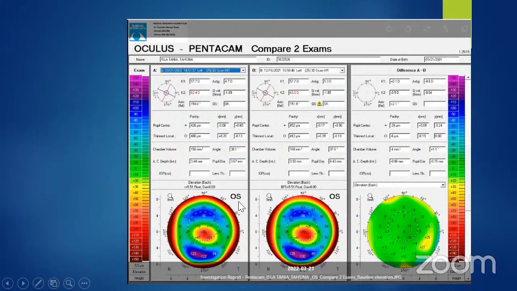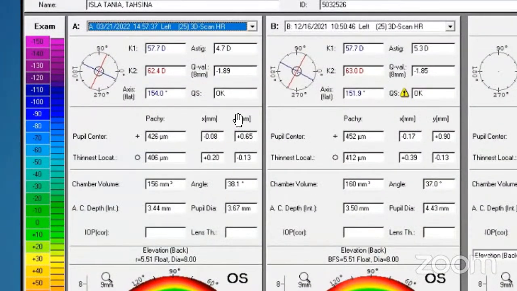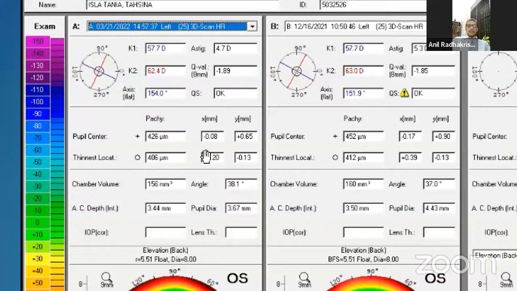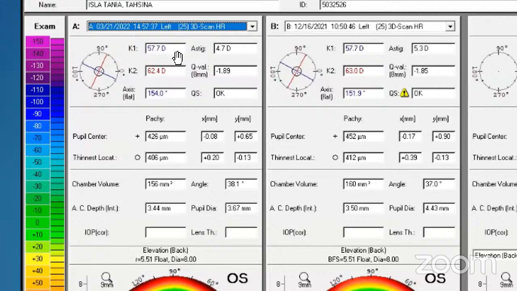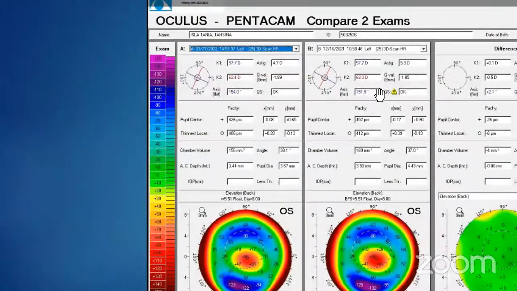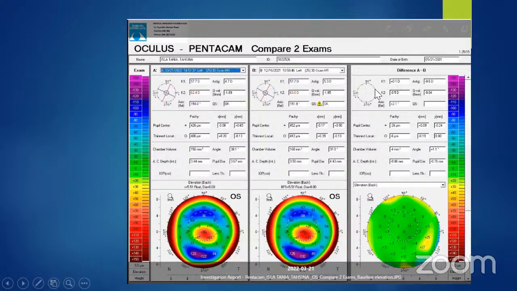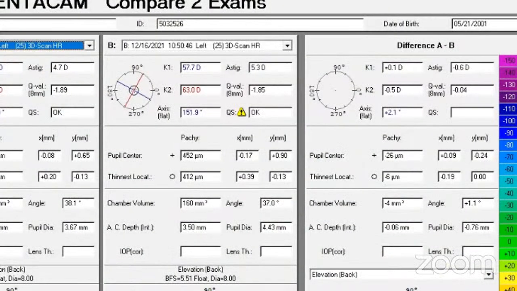I just wanted to show this. Is there any progression here? 57.7, 62.4, 63. Not much, right? Are you seeing this? Yes, ma'am. The steepening and the thinning is slightly there, right?